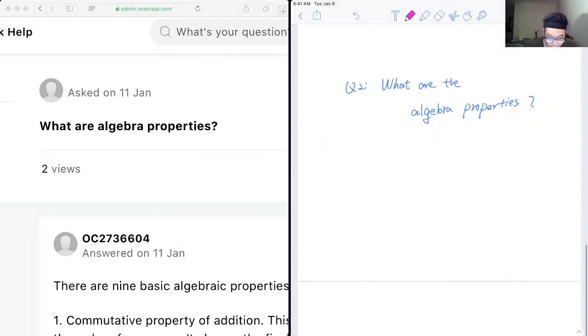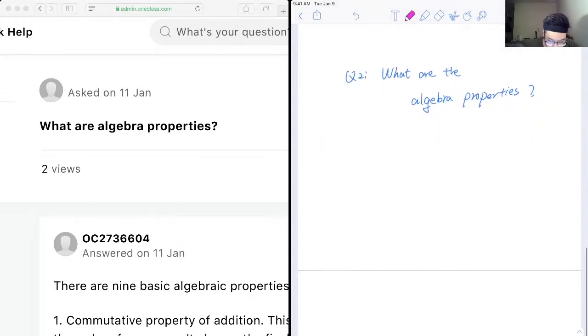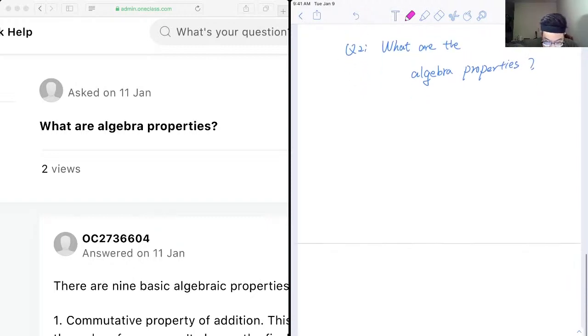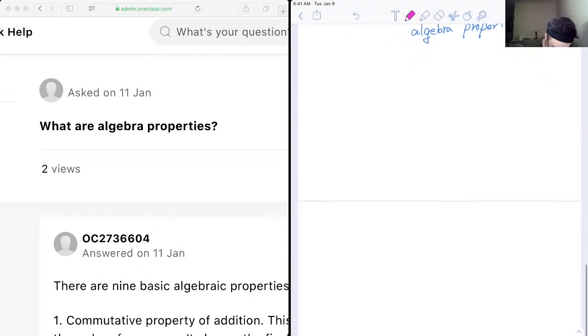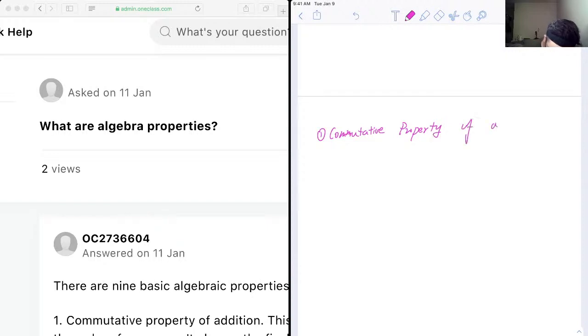In terms of the algebra properties, there are 9 basic properties. So let's start with the first one, which is the commutative property of addition.